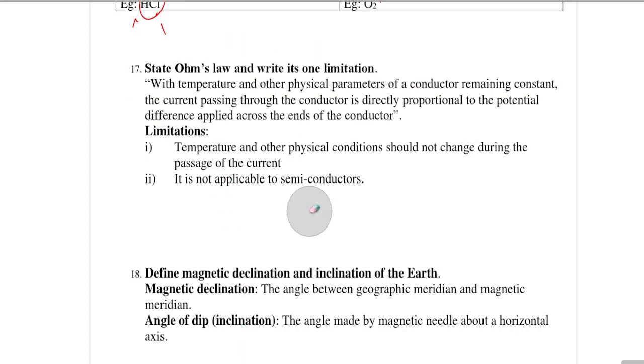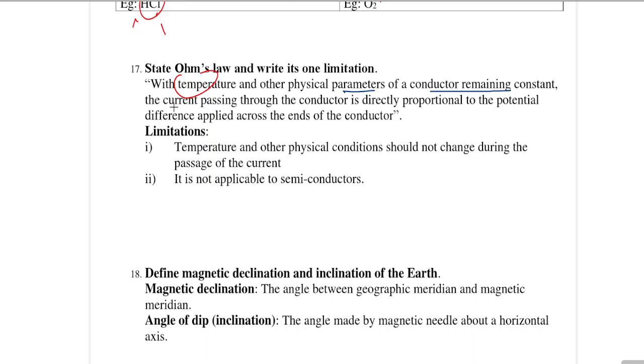So first, the statement. As I told you earlier, when it comes to laws, just learn the laws the way it is. It says with temperature and other physical parameters of a conductor remaining constant. This temperature should remain constant and also other physical parameters should remain constant.